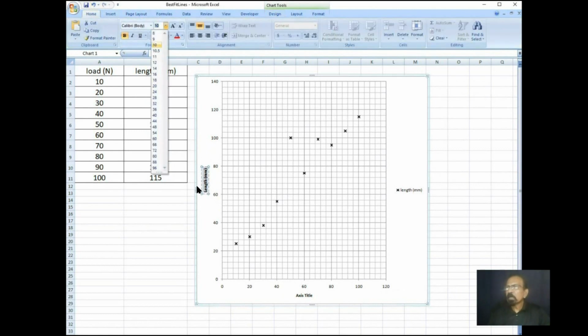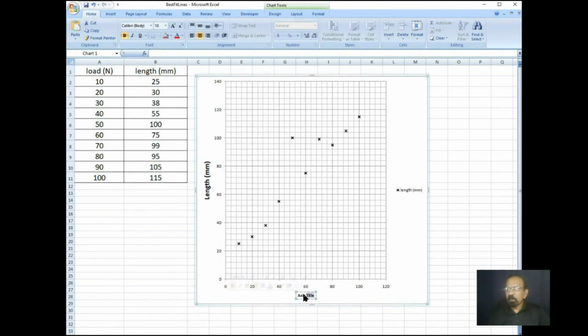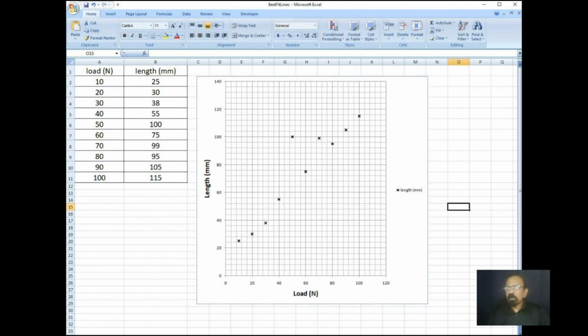Home, say 16. And this one here, you double click on it, highlight, make it 16, and this will be load in newtons. Now that you have that, you're basically finished. But we have to draw the line.